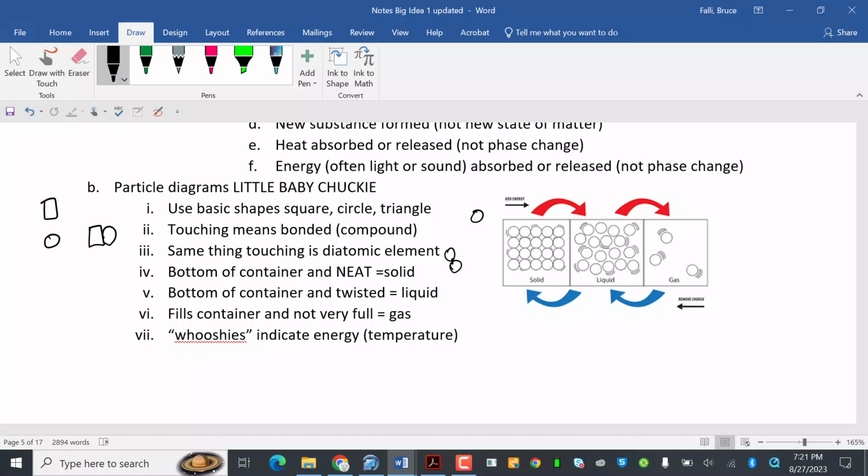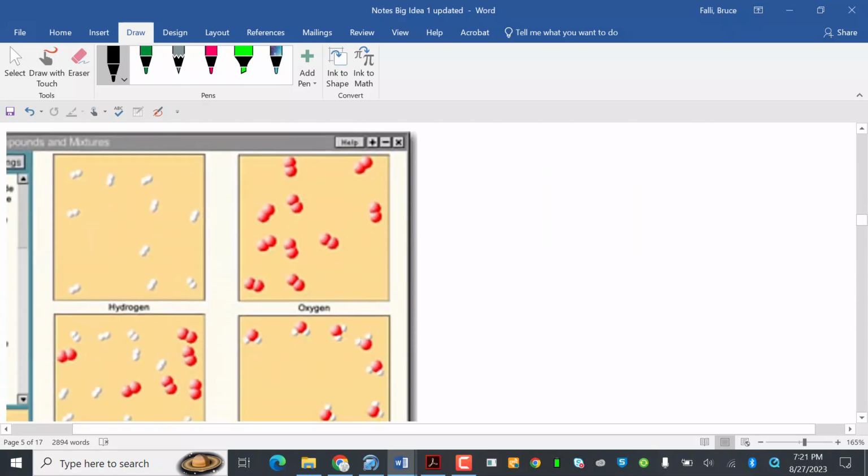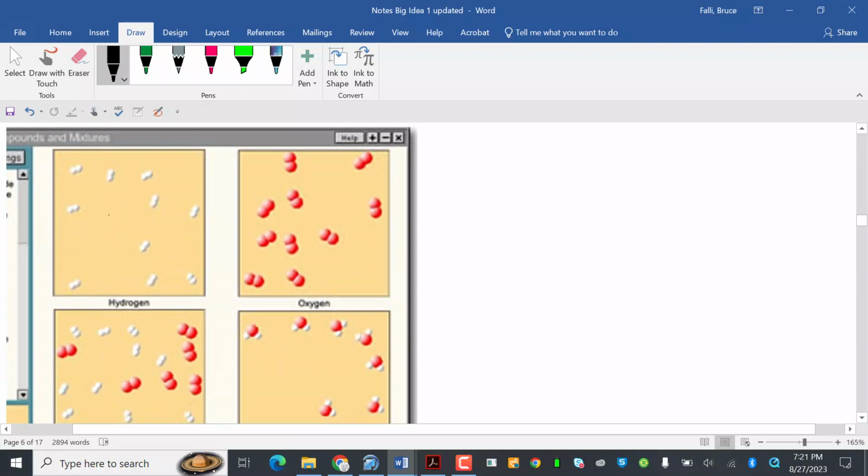If it's at the bottom of the container and neat, it's a solid. See how this is neat? If it's at the bottom of the container and twisted and jumbled, that's a liquid. If it fills the container and it's not very full, that's a gas. And whooshies indicate temperature. All right. This is a diatomic element.